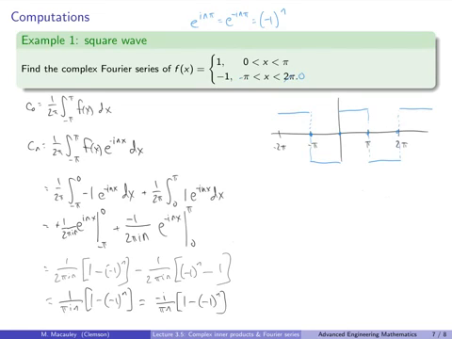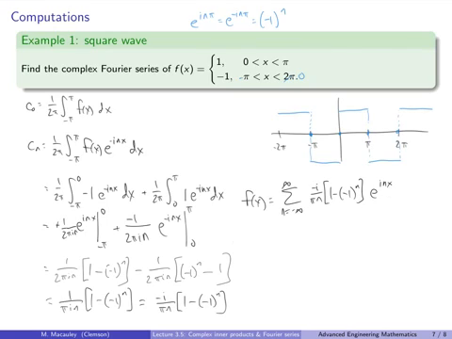So in other words, f of x is the infinite sum from n equals negative infinity to positive infinity of negative i over pi n times 1 minus negative 1 to the n times e to the i n x.